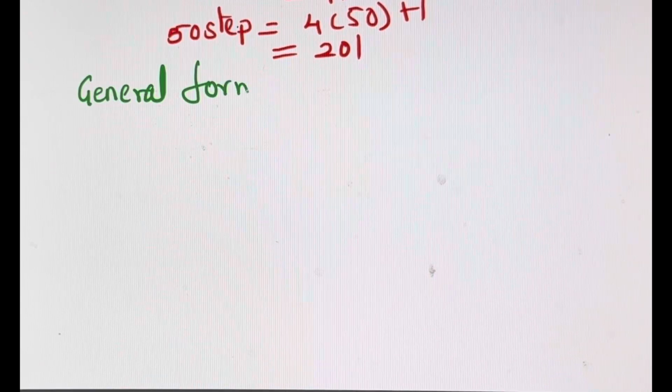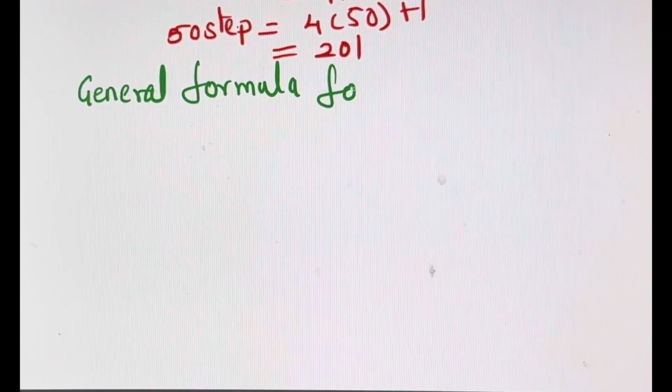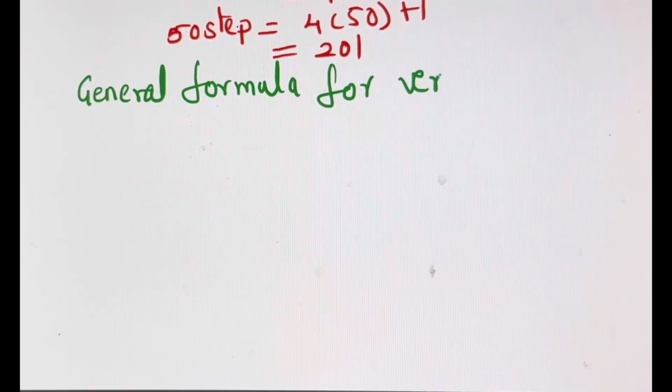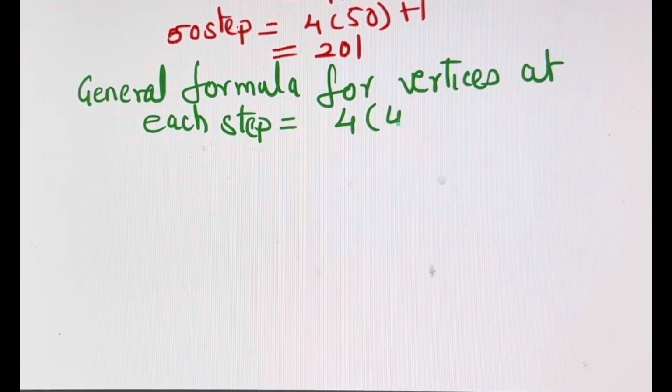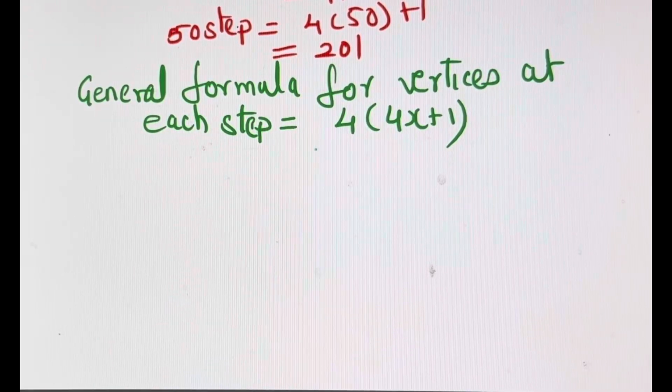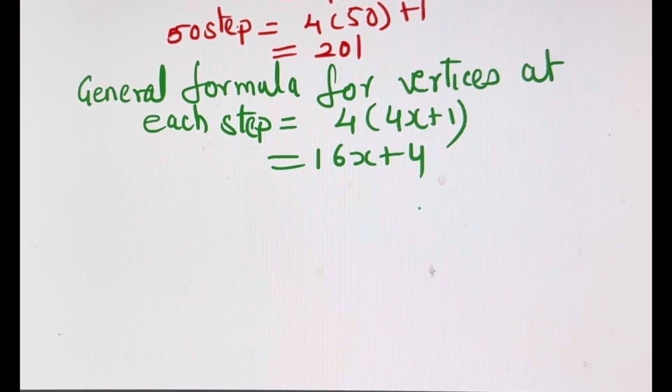So general formula for vertices at each step. So that will be 4 times, and what was our formula? 4x plus 1. 4 times 4x plus 1, because 4x plus 1 is giving us the number of squares and each square has 4 corners. So if we want to simplify it, we can multiply 4. 4 4s are 16, x plus 4. So that will be the general formula for the vertices.